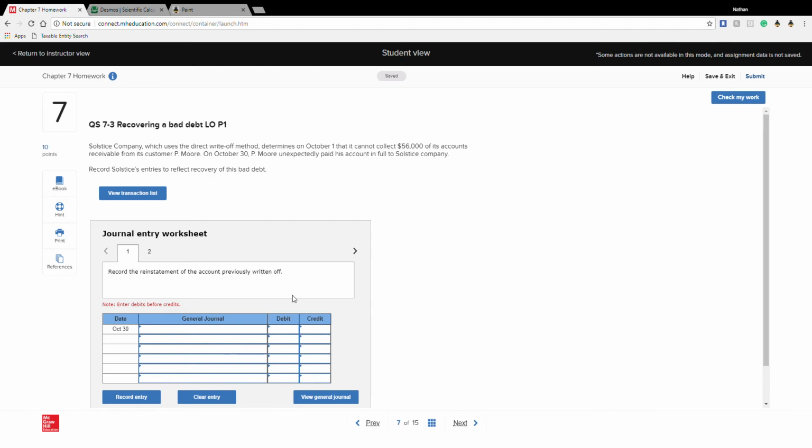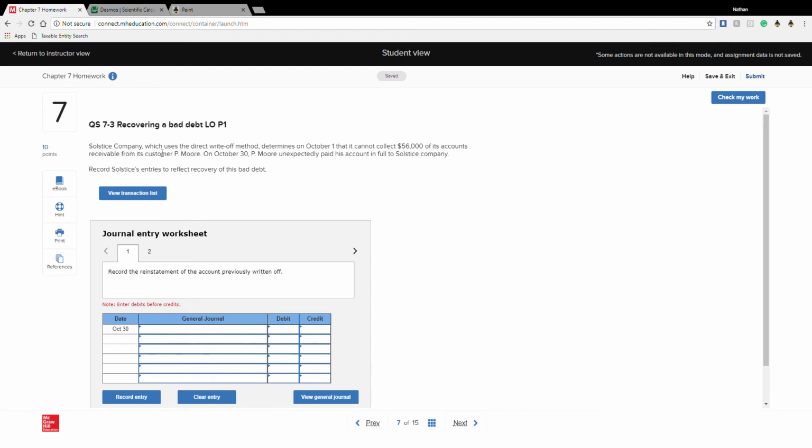Anyway, so now it's recovering a bad debt. Now we use the direct write-off in question 6. Here we're going to basically, he actually paid us back. So he hit the lotto, paid us back, and this time you're going to notice it's a different amount than question 6, because again it does reconcile through.